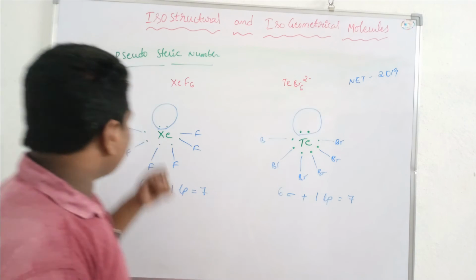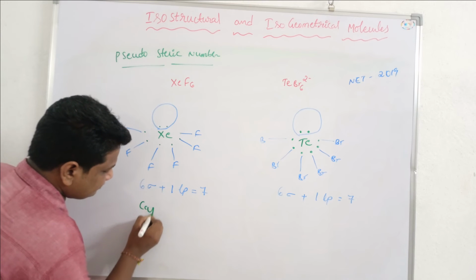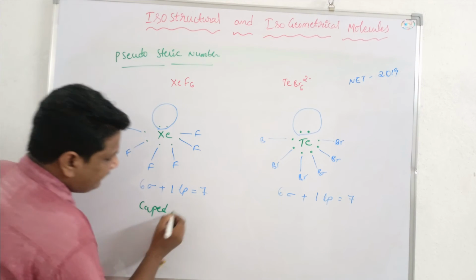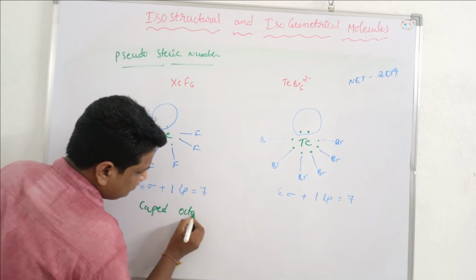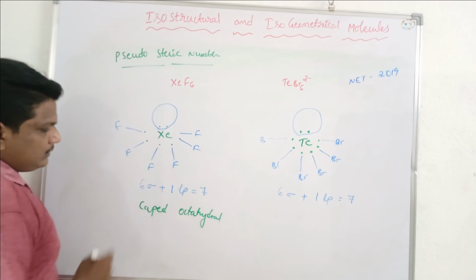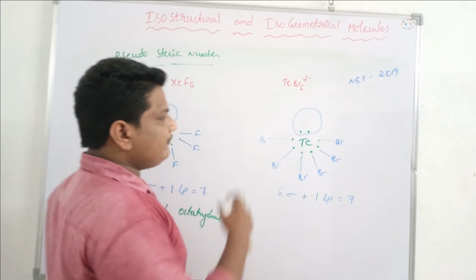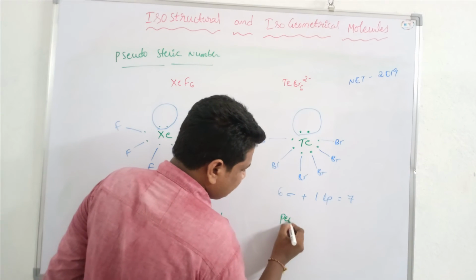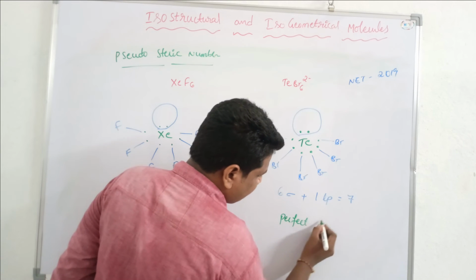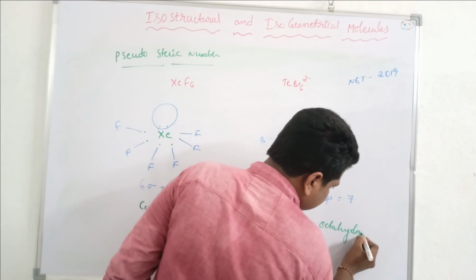So here in the case of XeF6 we can observe a capped octahedral structure. Whereas in the case of this TeBr6 2 minus, we have a perfect octahedral structure.